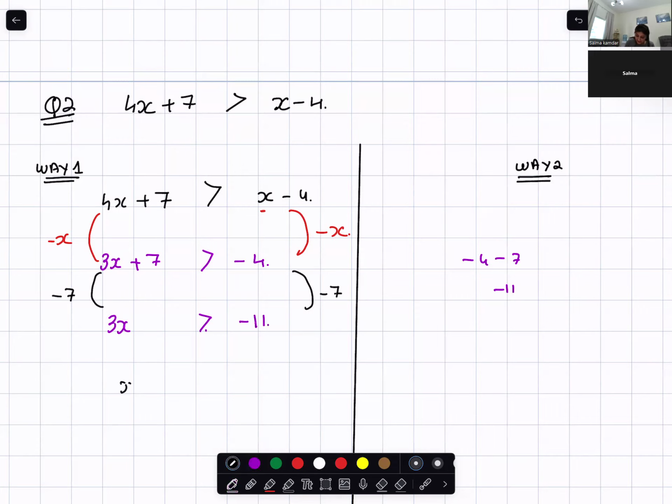Then I am going to divide this by 3. So x would be greater than minus 11 by 3. There is another way to do it as well, but I prefer that you stick to this way.